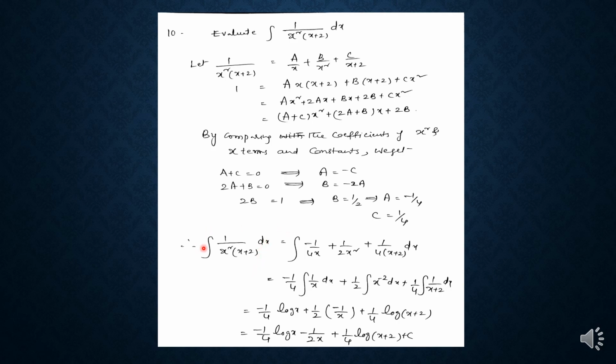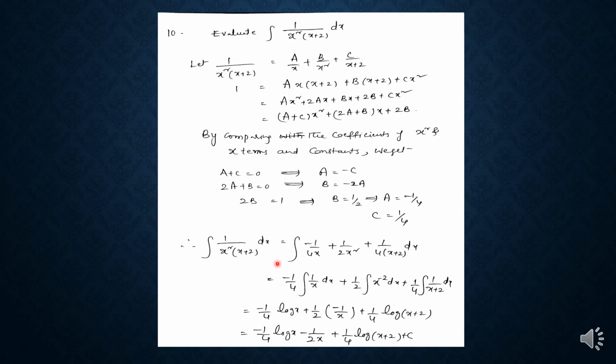If the denominator of the integrand has linear factors x minus a into x minus b, then we should take two constants, a by x minus a plus b by x minus b, and by resolving the given integrand into a sum of two fractions, we can integrate the given function. If it is a repeated factor, we should write a by x minus a plus b by x minus a whole square like that. Then by finding the values of the constants, we can find the integral.